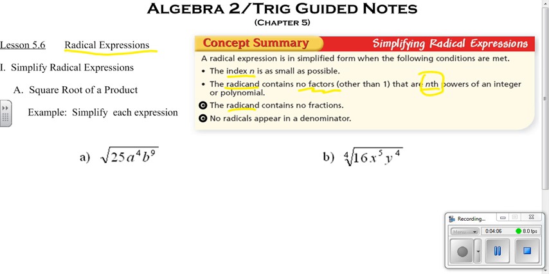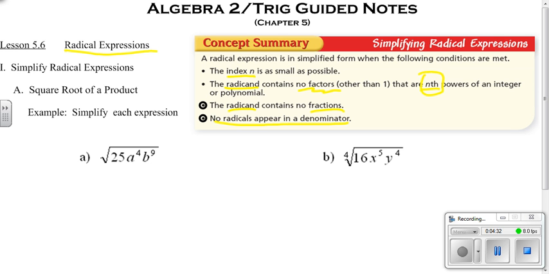The radicand contains no fractions, so there are no fractions underneath our radical symbol. And there are no radicals in the denominator. That one we should remember, because we always said you never want a radical in the denominator. Whenever we have a fraction, you always want to get it so that the radical is up in the numerator. So that one shouldn't be anything new.